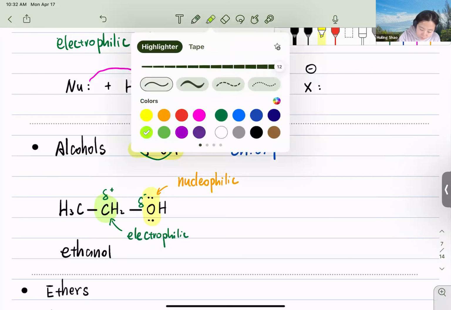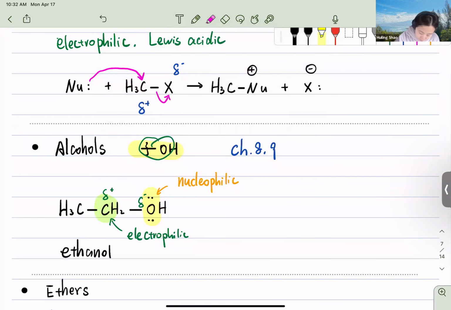On top of the Lewis acid-base, if we just look at this hydrogen here, it's bonded to a very electronegative species, which is oxygen. Upon deprotonation, we can form its conjugate base, which is an oxygen-centered anion.